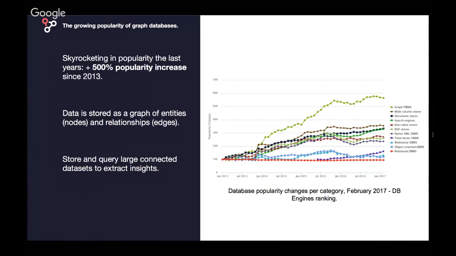In the past year, new vendors have emerged, like, for example, DataStax with its product, DSE Graph, or new actors. Graph databases have a key value proposition, which is to store the data as a graph of entities called nodes and relationships called edges. What they bring to the market is the ability to store and query very large connected data sets to extract insights from this data in a way that was not possible to do with former databases.